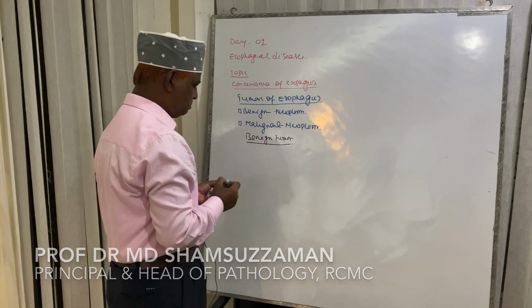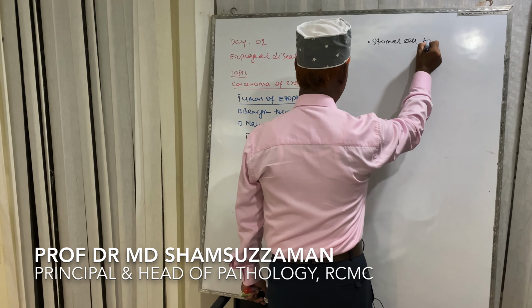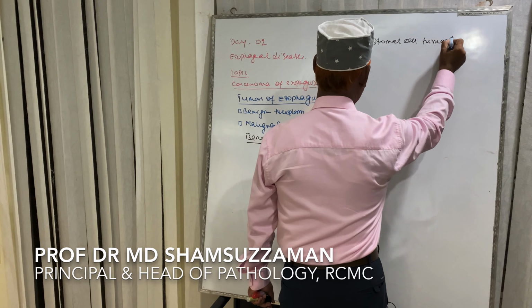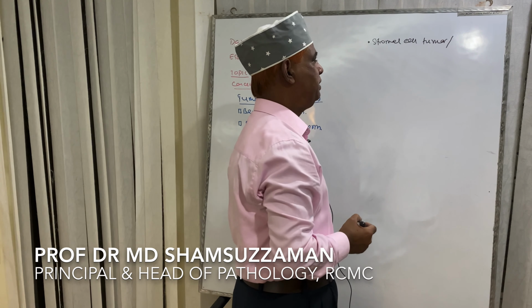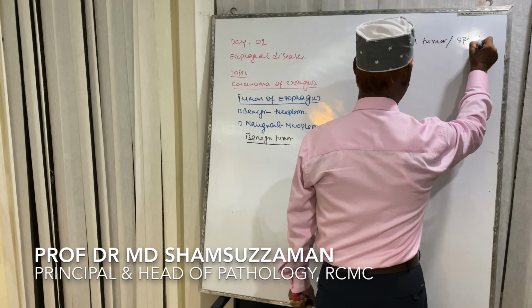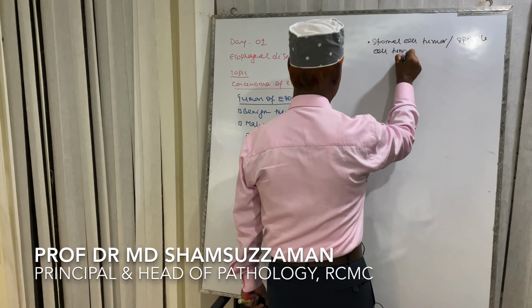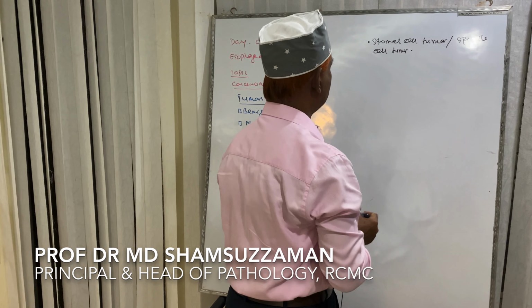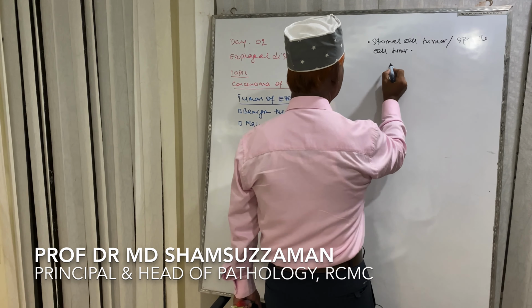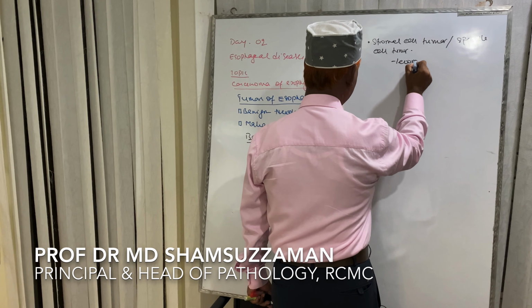The benign tumors may be a stromal cell tumor, also called a spindle cell tumor. And stromal cell tumor or spindle cell tumor may be leiomyoma.